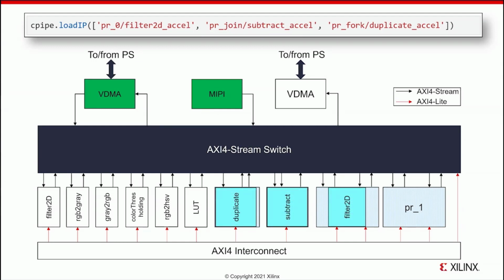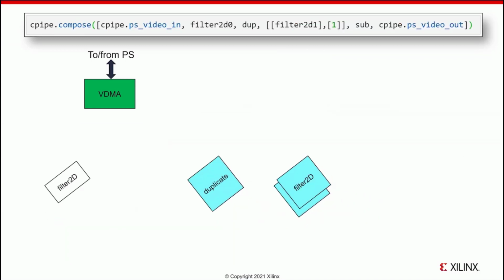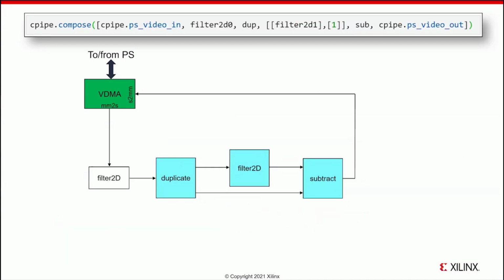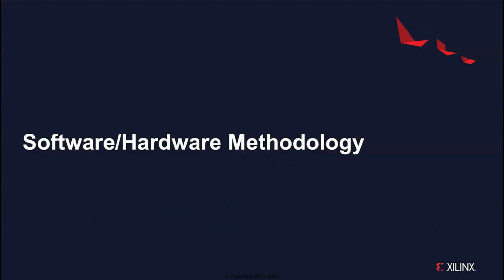Then we can compose the application by calling the compose method. These steps configure the AXI4-Stream Switch, defining how the data flows between the different functions. Note that the low-level details on how the dynamic functions are loaded and how the AXI4-Stream Switch is configured are abstracted away from the end user.